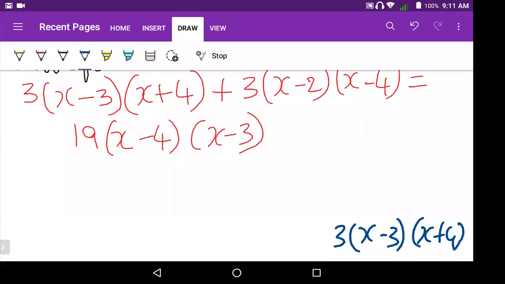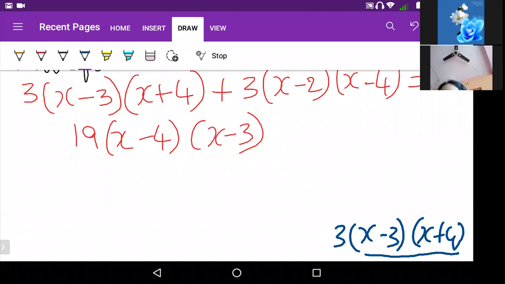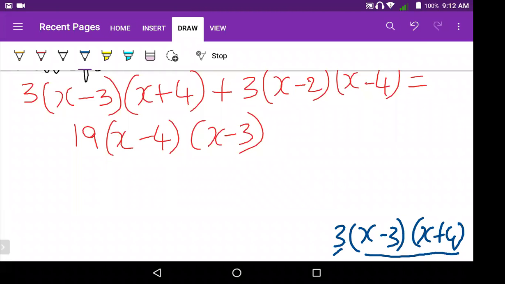Okay, so this is the first expression that we are going to consider. Firstly, multiply these two, and then we will multiply it with 3. So first multiply these two expressions, x minus 3 into x plus 4.